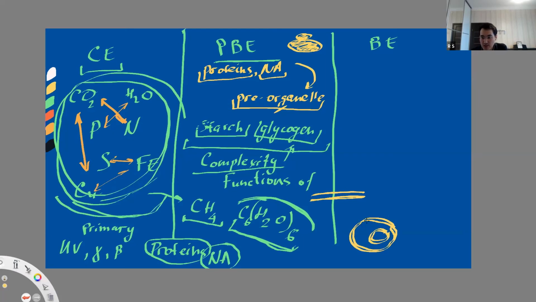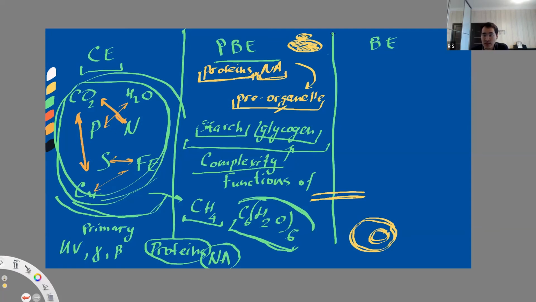All these organelles, like ribosomes, the cell wall, the nuclei, were possible only because of the formation of these very complex assemblies of proteins, nucleic acids, fats, etc.